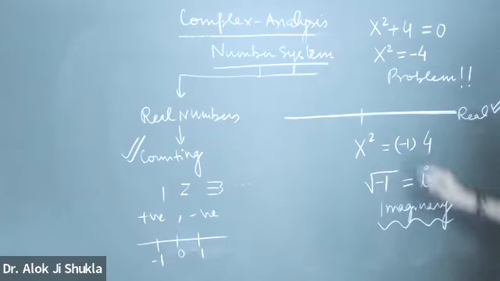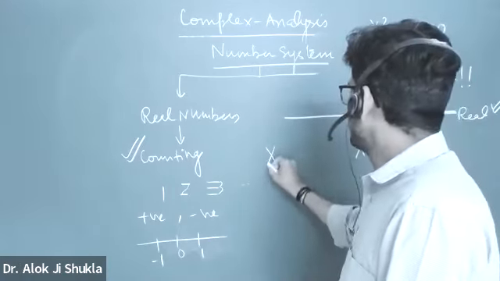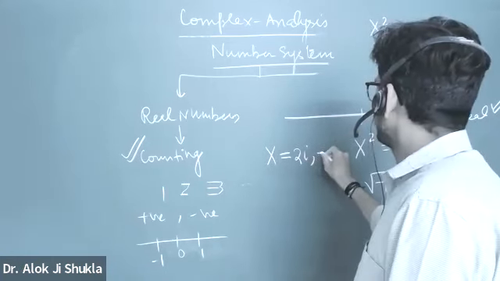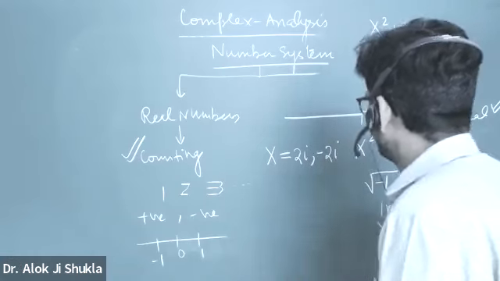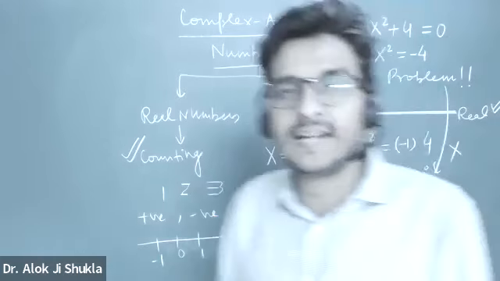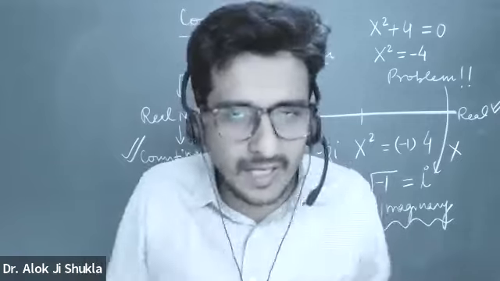So as soon as you write under root of minus 1 as iota, the problem is resolved and we get the roots as 2 times iota and minus 2 times iota. Right? This is not a solution to the problem. Please understand, our problem was: can I understand under root of negative numbers in terms of some real numbers?